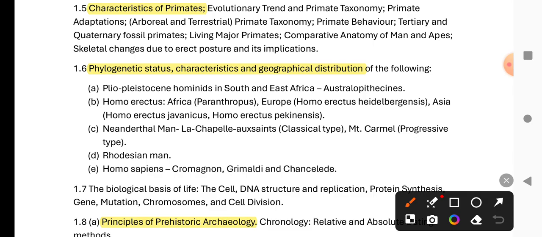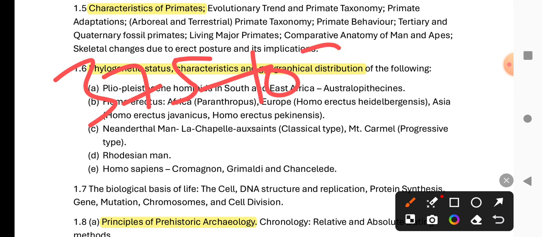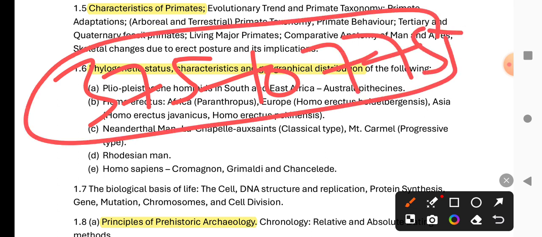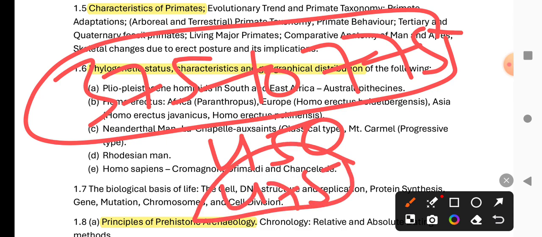The cranial capacity of Australopithecus ranges from 375 to 775 cubic centimeters, with an average of about 450 to 475.